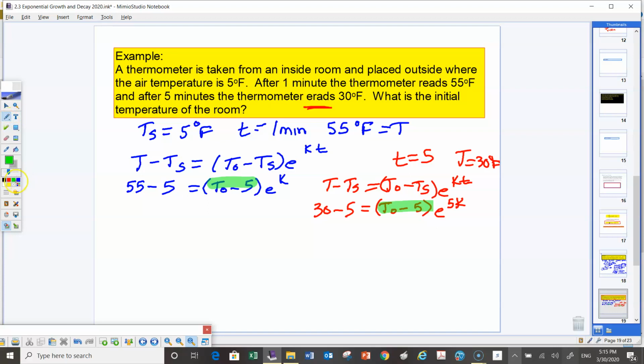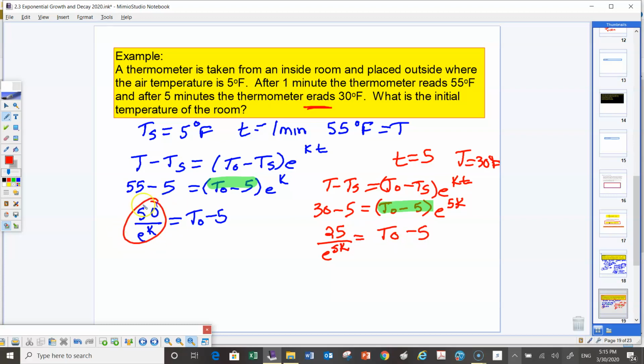So on my blue equation, I am going to end up getting 55 minus 5 obviously is 50 divided by e to the 1k equals To minus 5. And in my red equation, I'm going to get 25 divided by e to the 5k is equal to To minus 5.